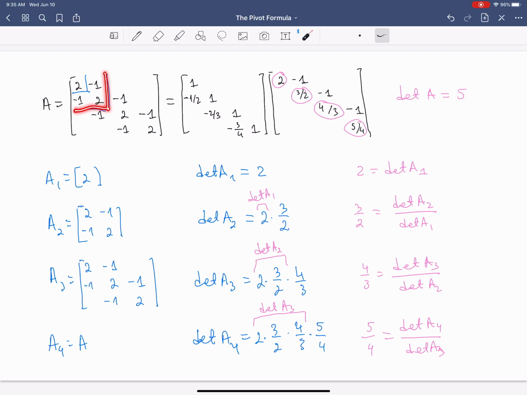If you had a 0 here, that would mean that this row was a multiple of that row, so you would have a 0 there, so you would need a row exchange perhaps to bring this -1 into that pivot position. So these are some interesting observations about how the pivots relate to the determinant of a matrix.